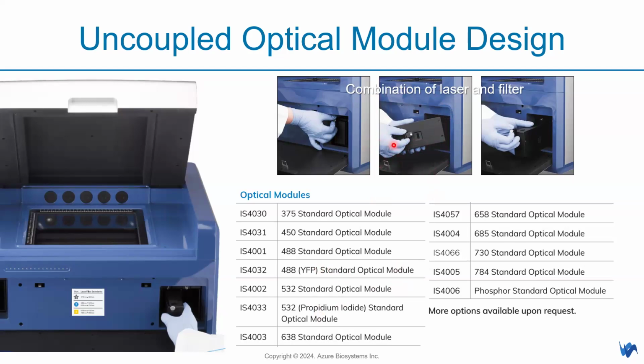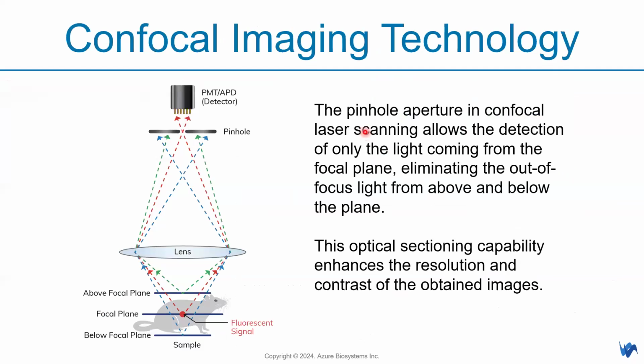All right, this is the new innovation compared to the previous version. This is Sapphire FL, which we launched just last year. Sapphire FL is a confocal imaging technology system. It uses a pinhole aperture in this laser scanning system, so you can detect only the light that comes from the focal plane that you set, and eliminate out-of-focus light. Therefore, it gives you very good resolution, without the effect of out-of-focus light or signals.